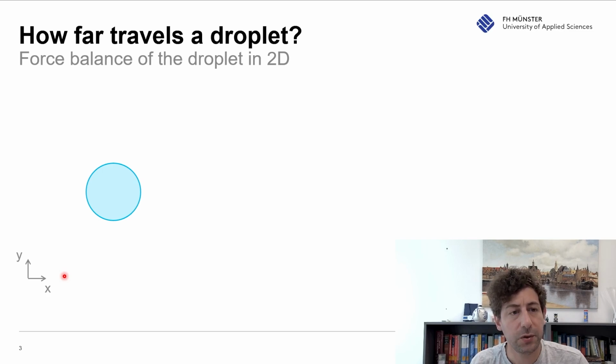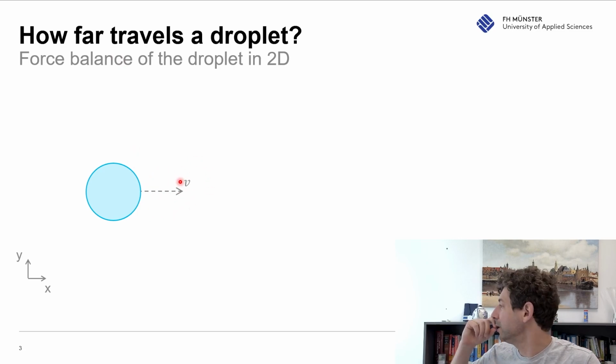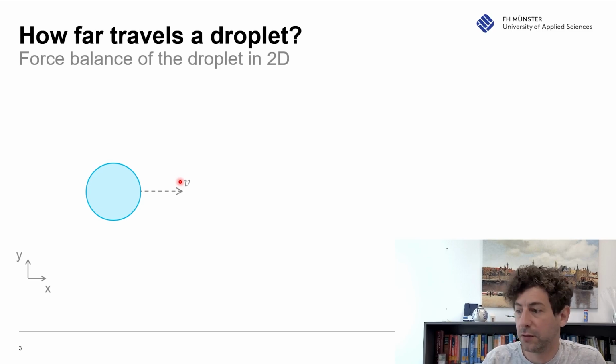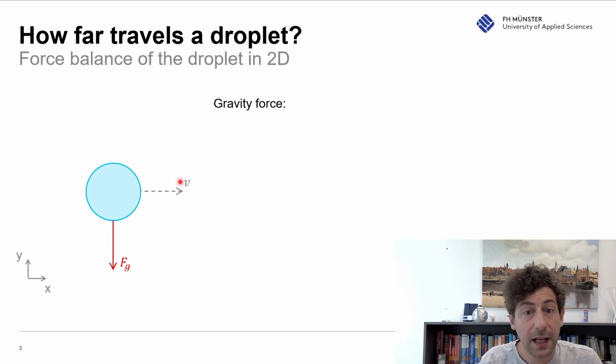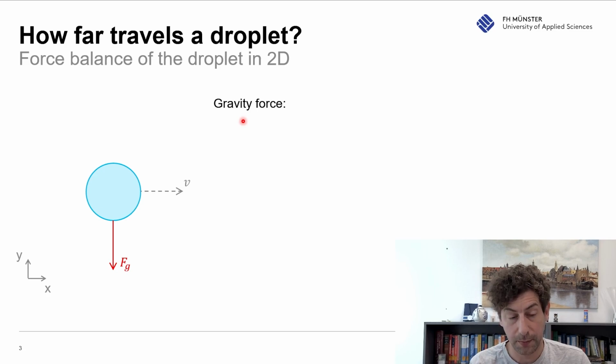And to describe this, we again make use of a force balance. So we have to take a look at the forces acting. First of all, as I mentioned, the particle starts with a velocity, and when it comes out, the velocity is straight, and then gravity pulls the particle down, right? So the first force we have to consider is the gravity force.